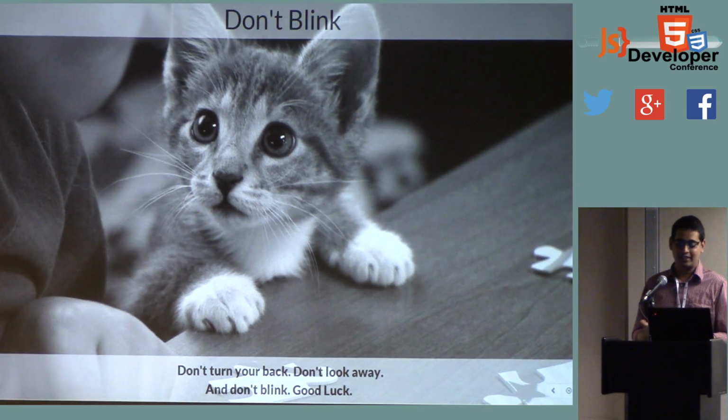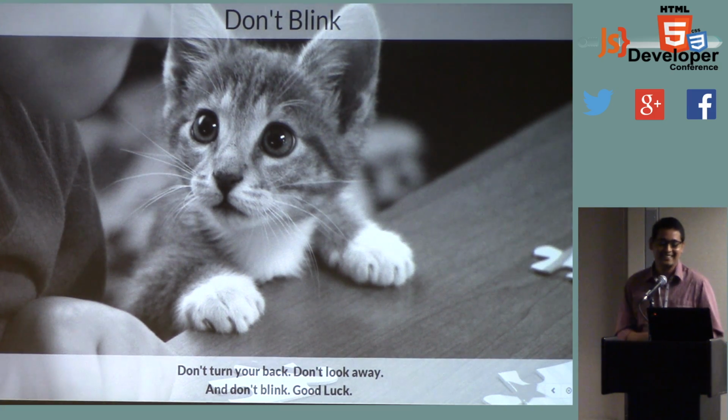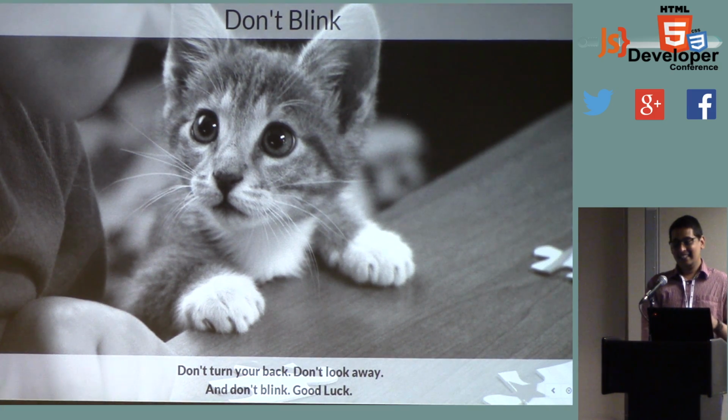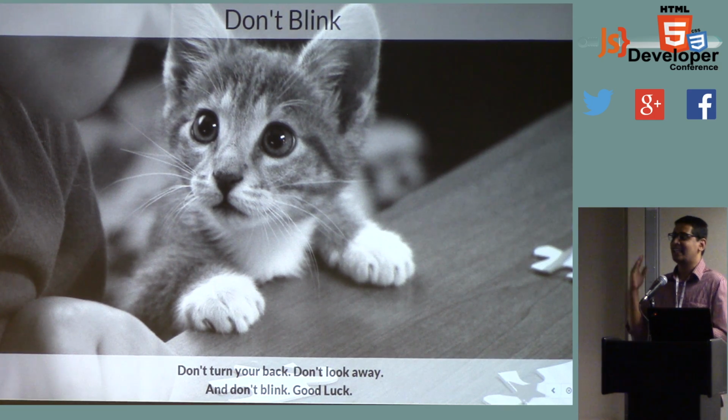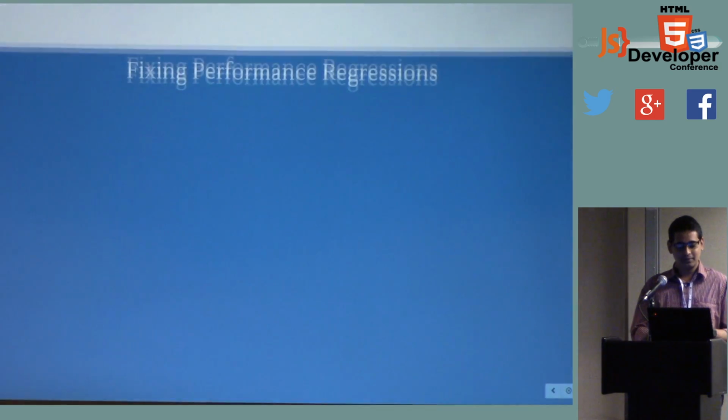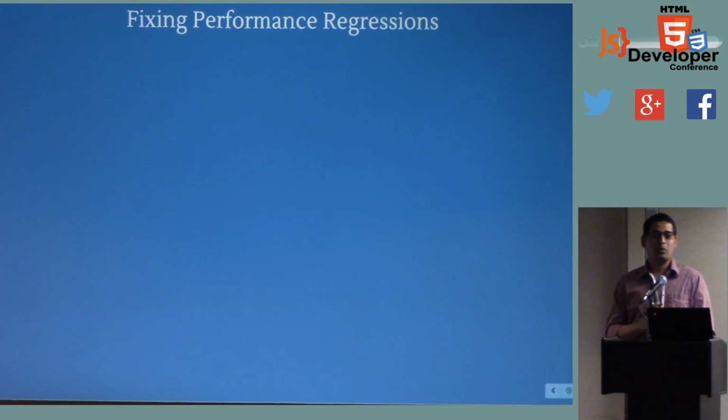Well, the only way to fix it is don't turn your back, don't look away, and don't blink. Good luck. So these are the three typical kinds of bugs, and through this talk, I would be trying to help you understand how we can actually catch these bugs, specifically the third cute kind of bug, and how do we fix it?